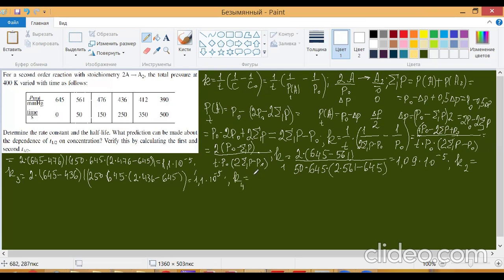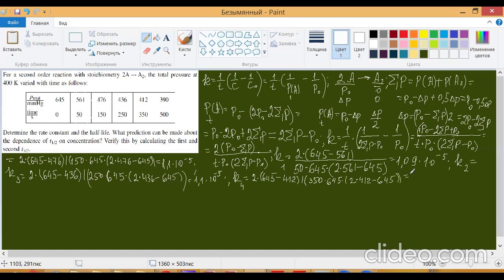This 412 divided by 350 times 645 and 512 minus 645.